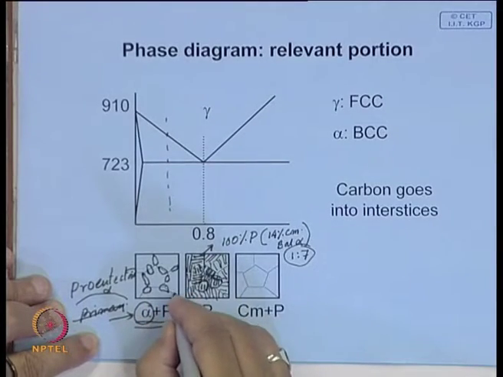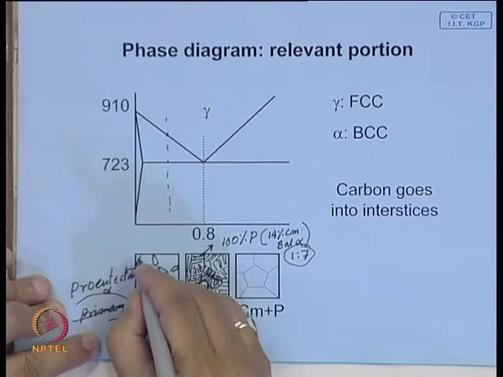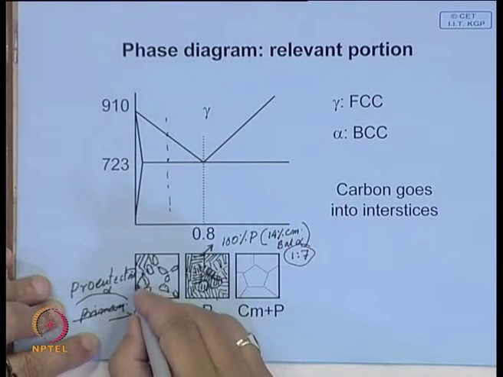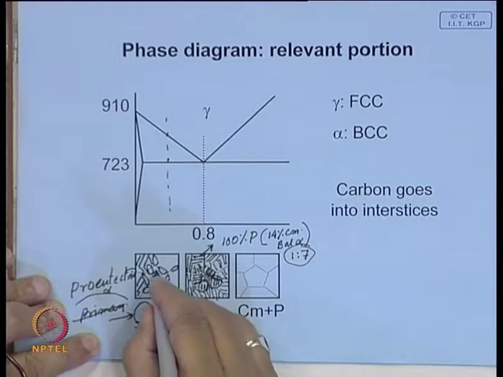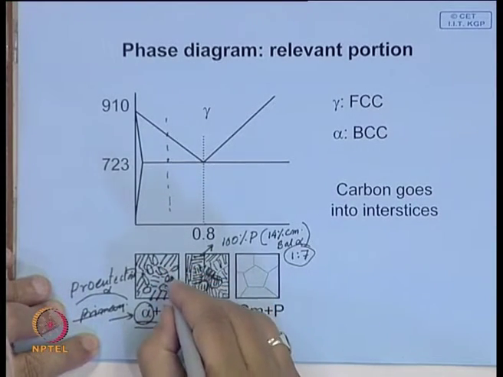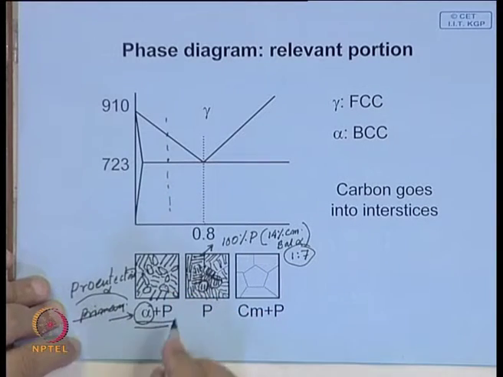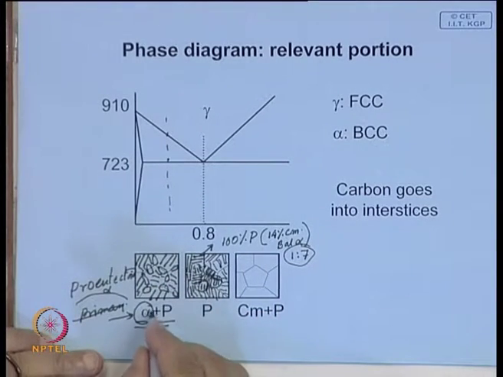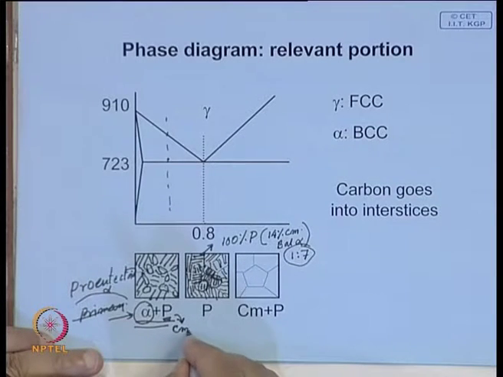These are the ferrite grains, and once it reaches this temperature, the balance will convert into a perlitic structure. So, the structure here will be made up of proeutectoid ferrite and perlite, and this perlite again is made up of cementite plus ferrite.